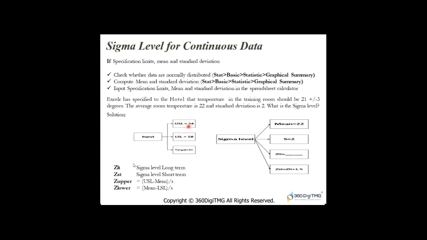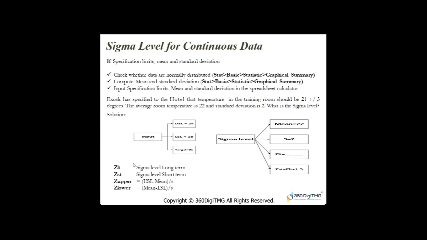Where am I getting this 24 from? 21 plus 3 is 24. Lower specification limit is 18. Where am I getting this from? 21 minus 3. What is my target? It is 21. Where am I getting 21 from? Here. That's my target. Mean is 22, which is given. Standard deviation is 2, which is also given.